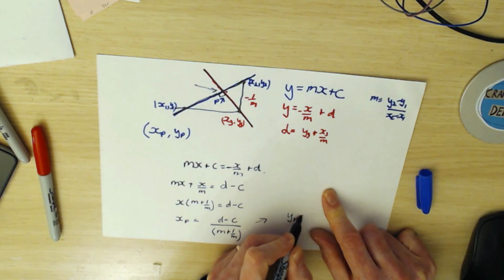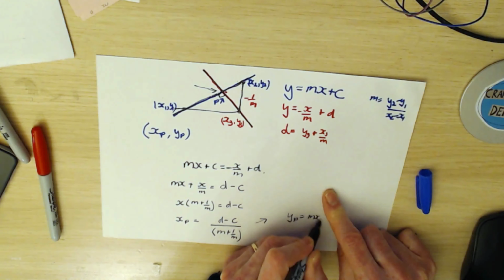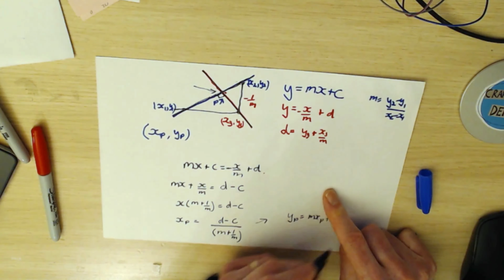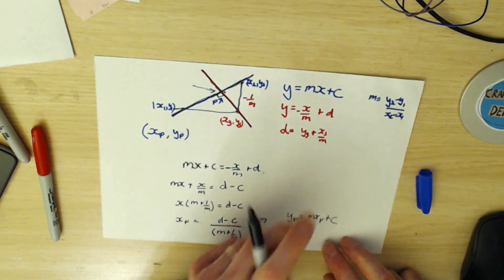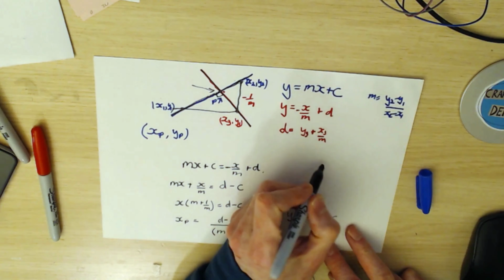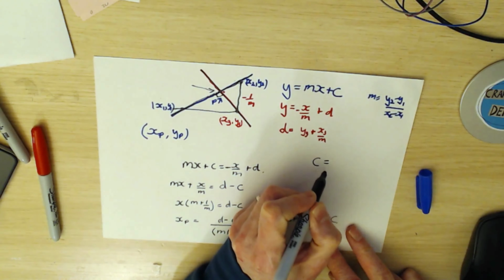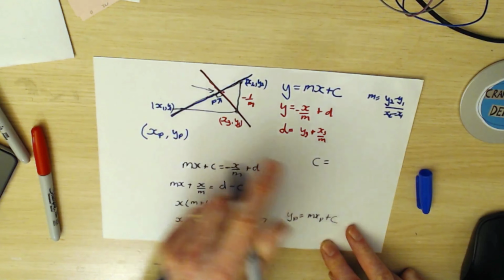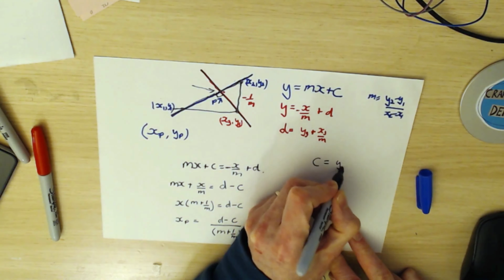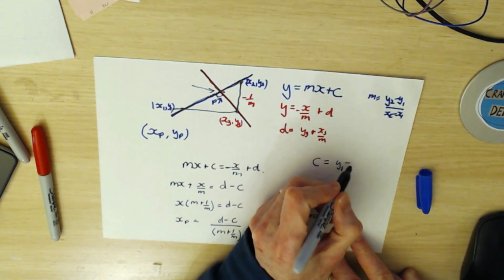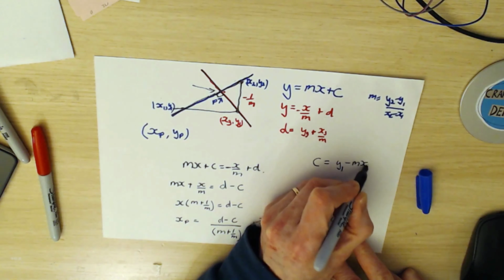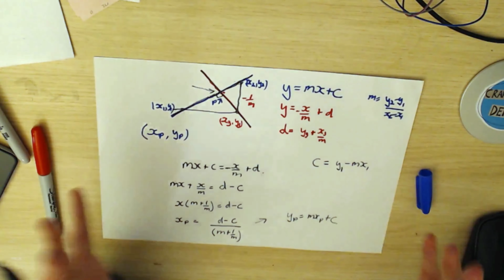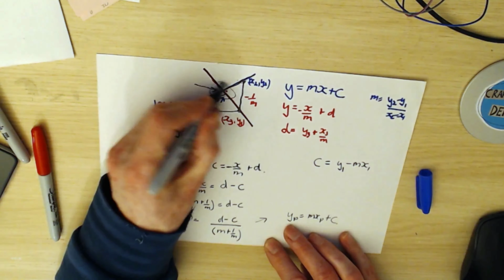Yp equals m xp plus c. And c, I didn't do c, but c is equal to y1 minus mx1. So I've got all the ingredients I need to calculate that point.